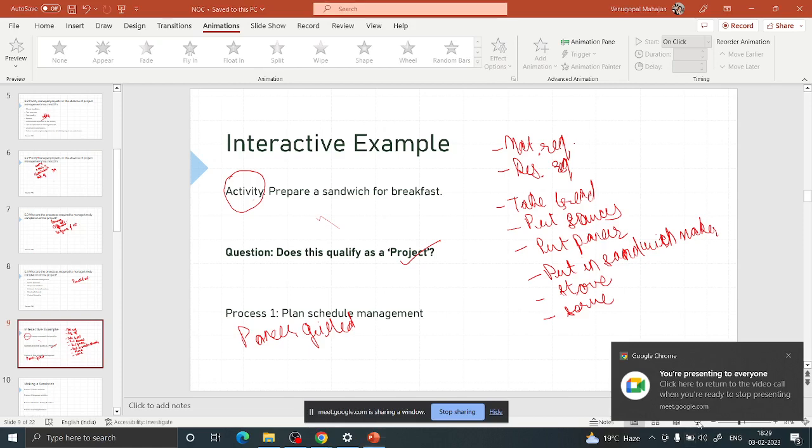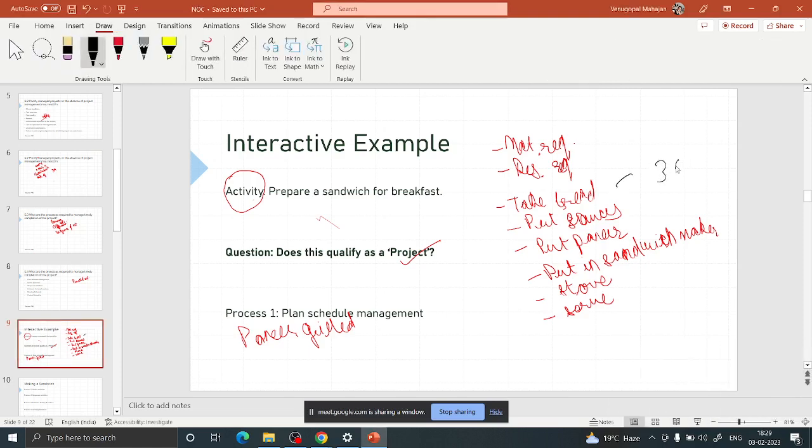So for taking bread, 30 seconds, putting sauce 30 seconds, putting paneer 1 minute, putting in the sandwich maker 30 seconds, on a stove 5 minutes, and serving again 30 seconds. 1 minute is okay, or 30 seconds we can take.